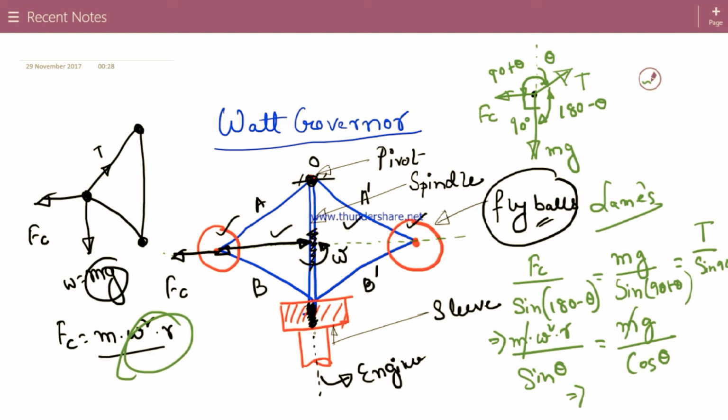If we take sine theta to the other side, omega square r over g is equal to tan theta. So what can we say about tan theta? See, this is your r and this is your theta.